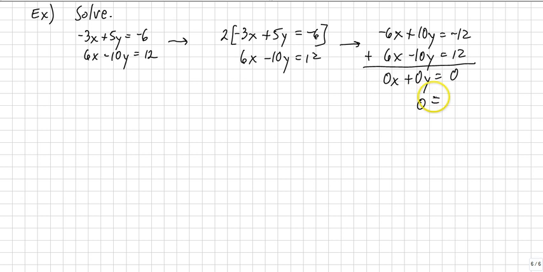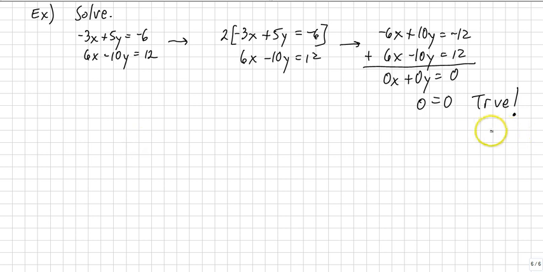So I end up with 0 equals 0, which again, last time I checked, that's a true statement. So in this case, the variables disappeared and I was left with a true statement. So what that tells me is these two linear equations, if I graph them, they would be the same line. So the fact that I got a true statement with no variables tells me that the graph of these two equations would be the same line.